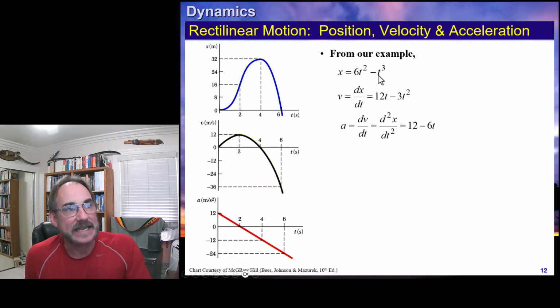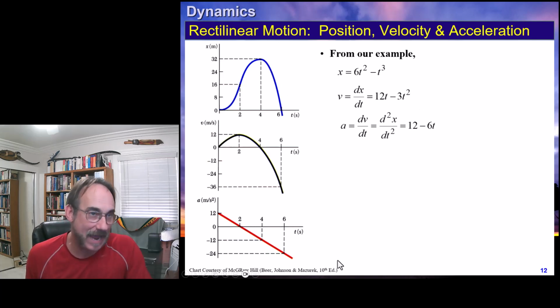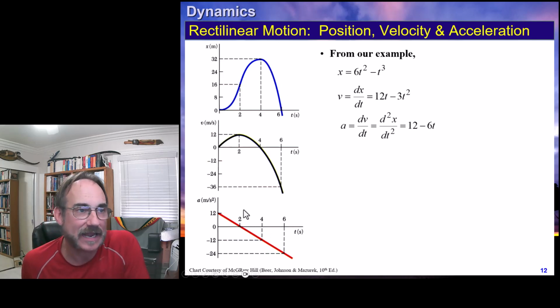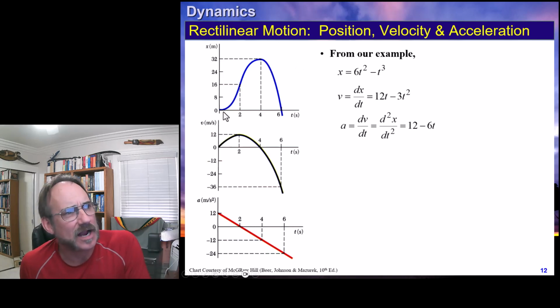We could actually take the derivative of that and we'll have the velocity and plot that in this second plot. If we take the derivative of the velocity, we now can plot that. You'll notice it's now got a gradient, a constant change. Another thing we're going to talk about briefly, since our velocity is dx/dt, that's the change in x with respect to the change in time.